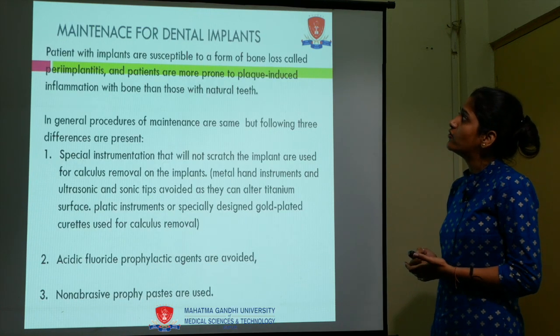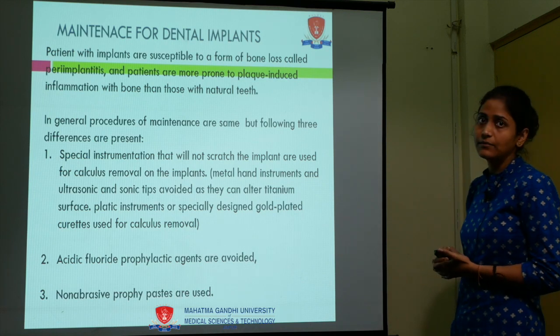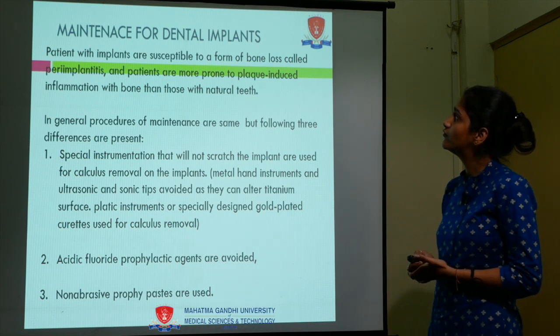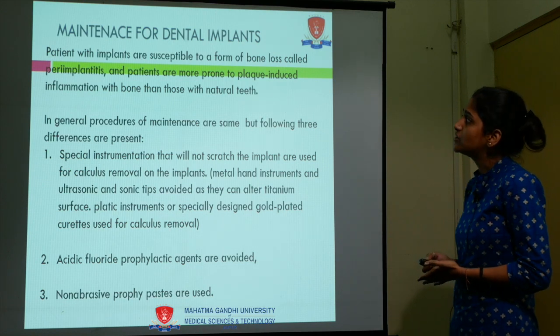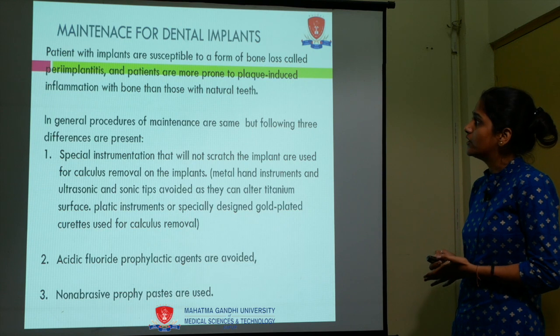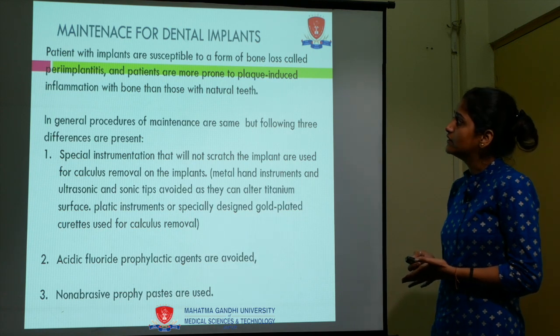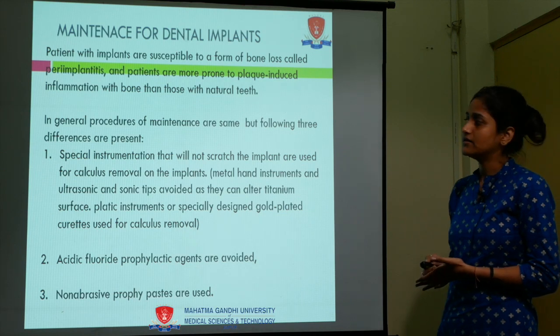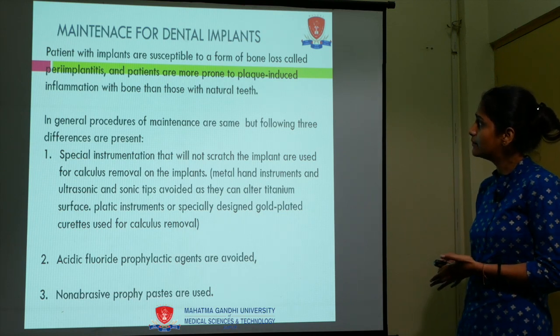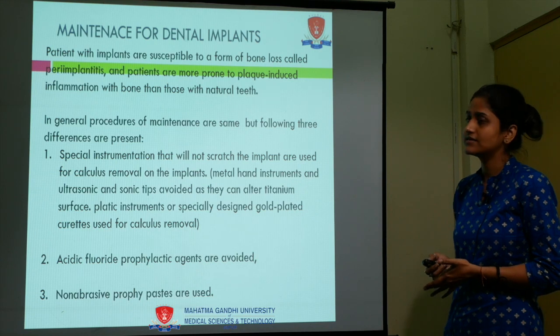So, maintenance for dental implants. Now patients with implants are susceptible to a form of bone loss called periimplantitis, and these patients are more prone to plaque-induced inflammation with bone loss than those with natural teeth. So in general, procedures for maintenance are the same, but the following 3 differences are present.